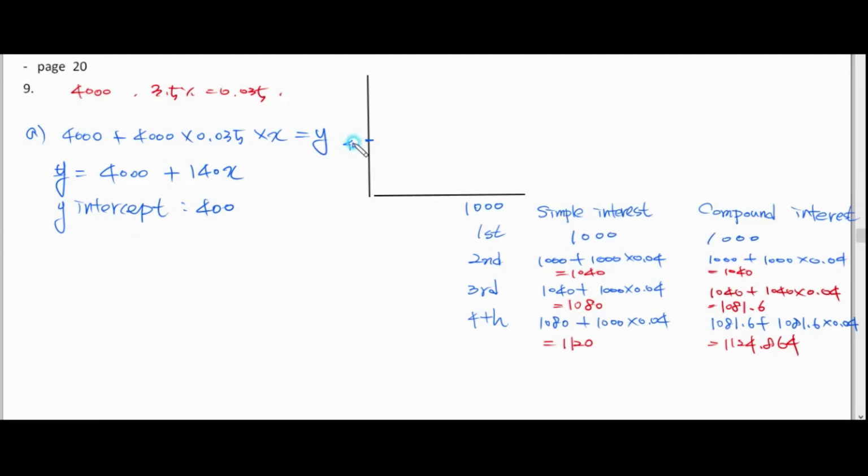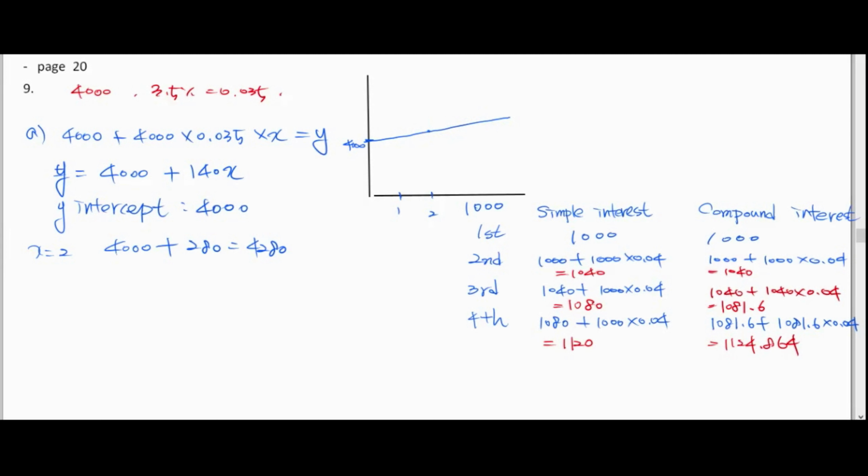Then we need one more point, so for the other point, we'll put 2 in for x. It will be 4,000 plus 280, so it will be 4,280. Here will be 1, here will be 2, and let's guess this is about 40 to 80. And if we draw the line, this will be the graph for this equation.